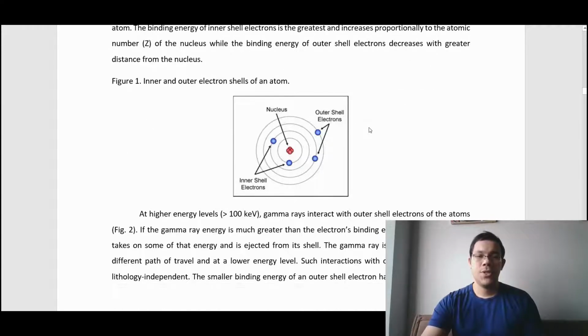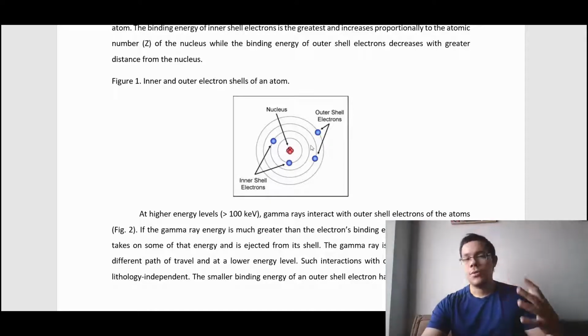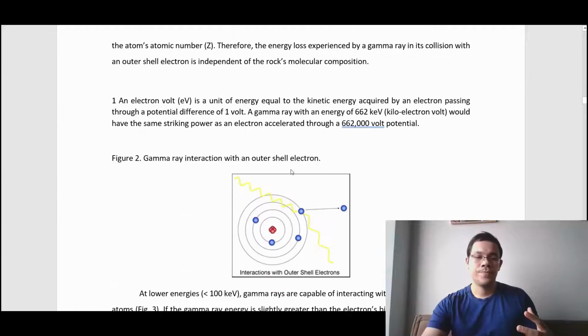And to understand how we go from gamma rays to porosity units, first let's see this example of an atom. There are electrons on an inner shell and there are electrons on an outer shell.